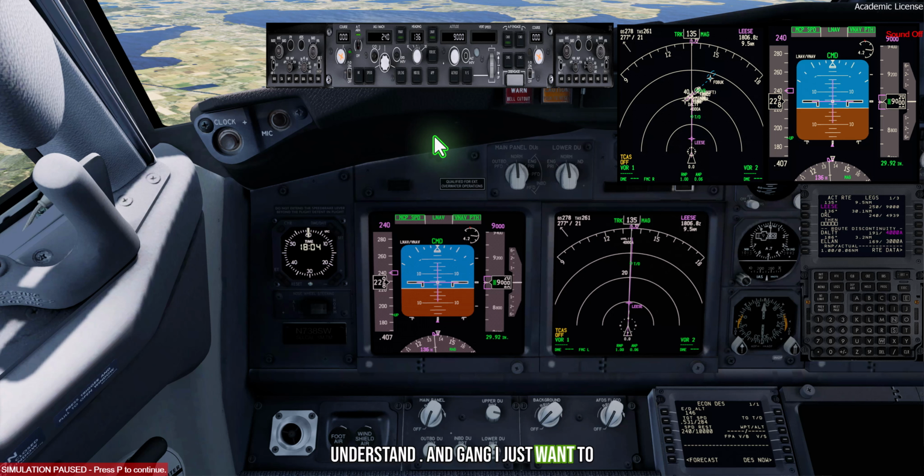And gang, I just want to make a big point of understanding this VNAV operation and situational awareness. I may be flying with somebody that doesn't have the same understanding I do, and I ought to be able to recognize that, and in some cases maybe help and assist, and in other cases just kind of watch what's going on.